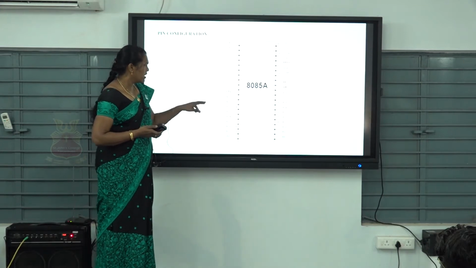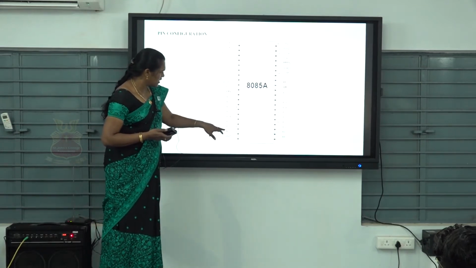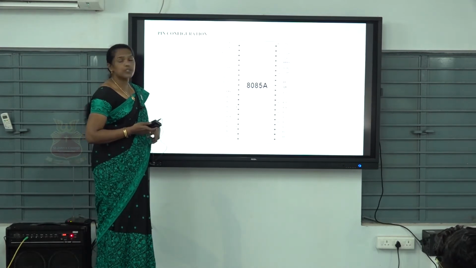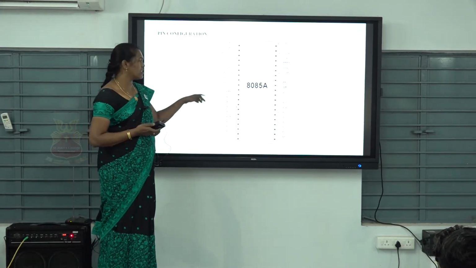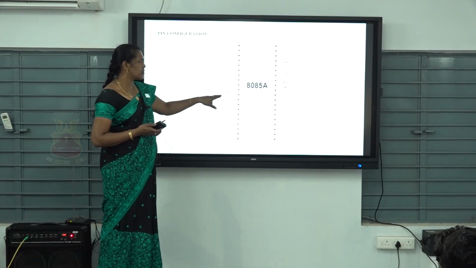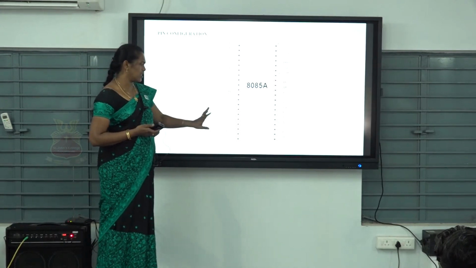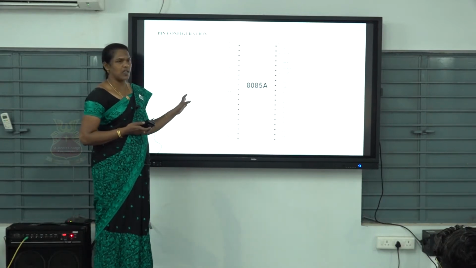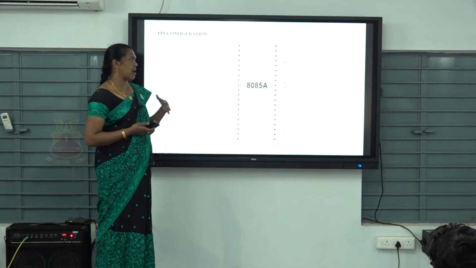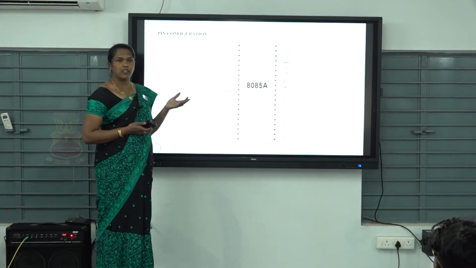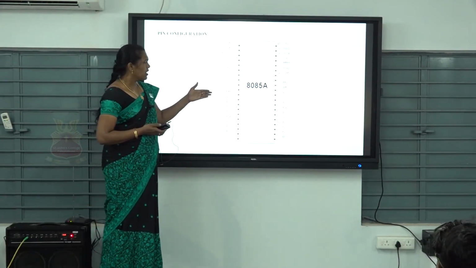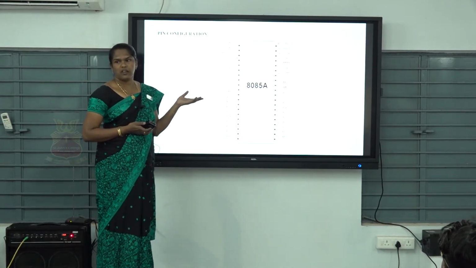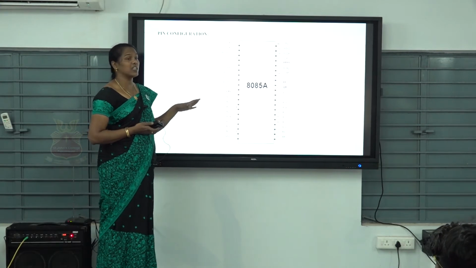Okay. Then D0 to D7 are used for data. We are giving data using these pins D0 to D7. That is why it is called an 8-bit processor. Nowadays we have 32-bit processors. That means D0 to D31 pins are there, and only then can we say it is a 32-bit processor.